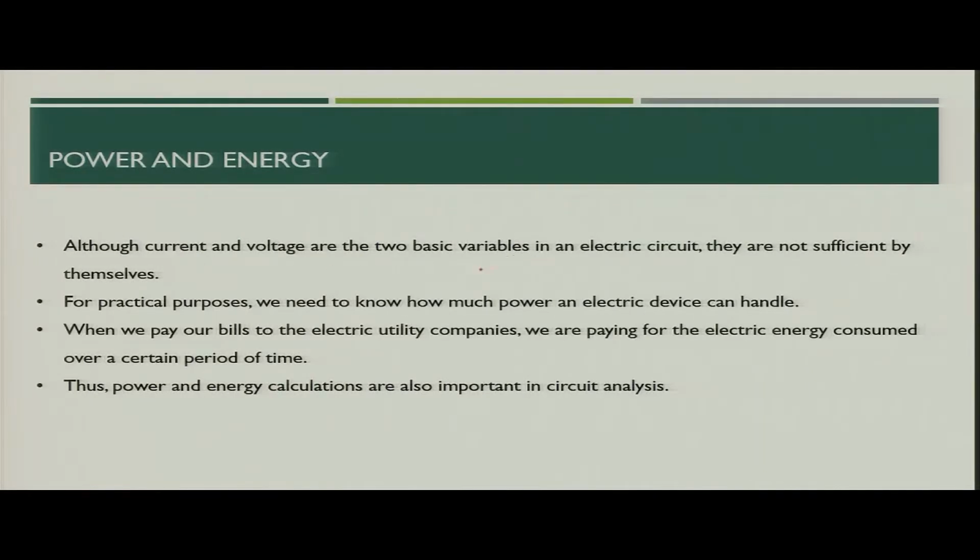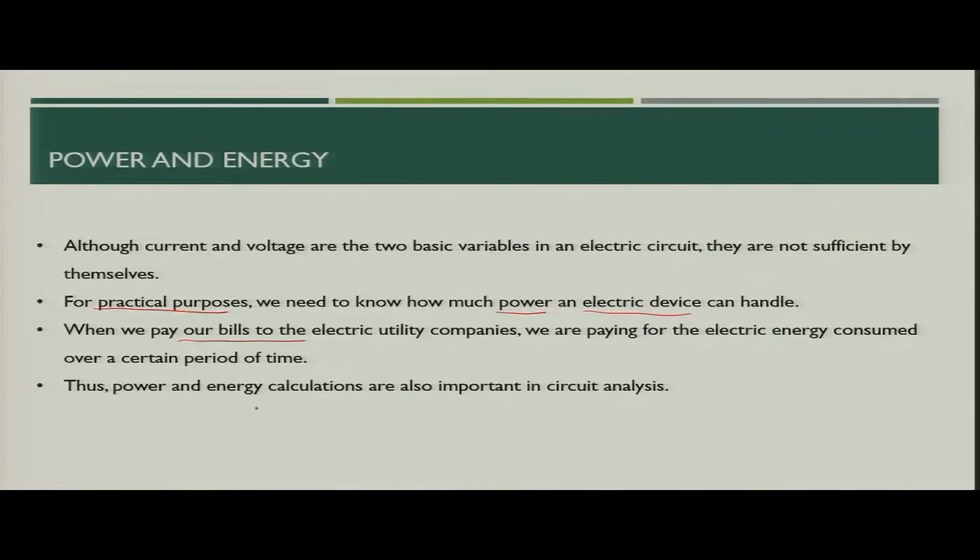For practical purposes, we need to know how much power an electric device can handle, because when you pay your electricity bill, you pay for how many units you have consumed, where 1 unit is 1 kilowatt hour. So, power and energy are also an important portion of our circuit analysis.